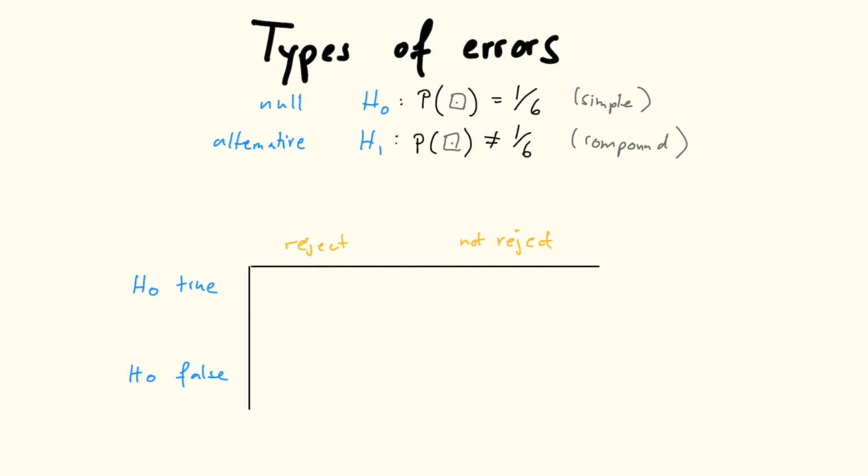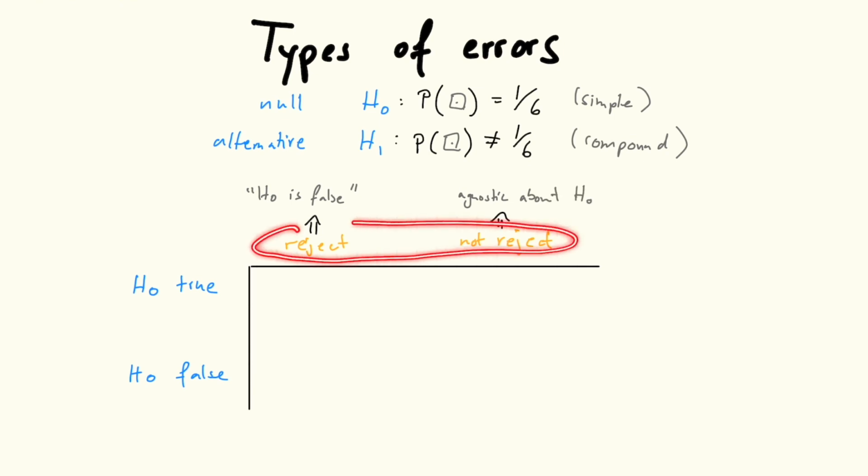If the test rejects, we adopt the belief that the null hypothesis is false. This means that we adopt the belief that the alternative hypothesis is true. If the test does not reject, then this means that we don't have enough evidence against the null hypothesis. In this case, we are staying agnostic about the validity of the null hypothesis. I've written the test decision here in orange to indicate that it depends on the sample and is therefore random.